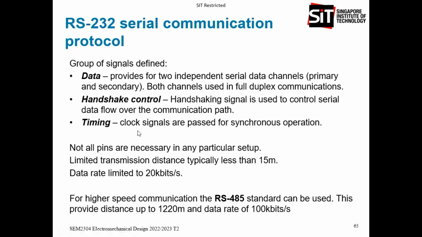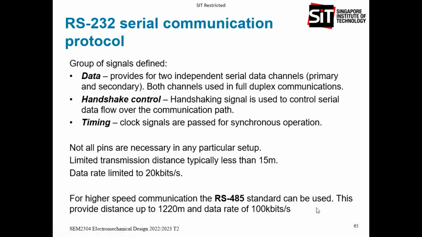For high-speed communication, we have a standard called RS-485 that will allow us to go longer distance and at the same time increase the speed of the communication. For this kind of serial interface, the communication speed is what we call baud rate.